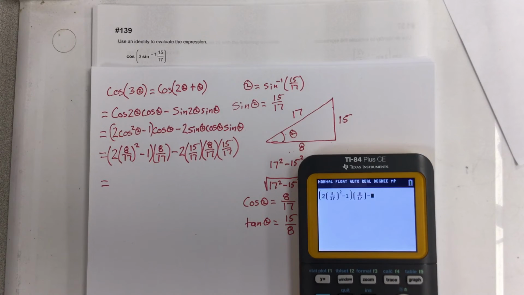Then minus, I'm going to put all these in parentheses, so just 2 times this fraction, which is 15 over 17, times, and one more time with the fraction button. Double check that it's correct. Looks good to me.